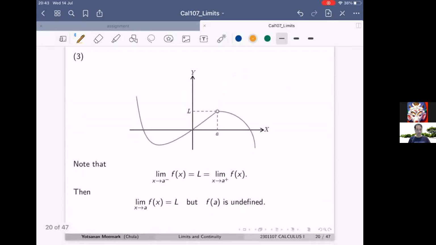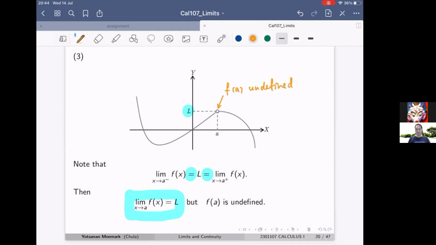How about this one? From the left, you can find that your function value is going close to L. From the right, also your function value is going close to L. So the left hand side and the right hand side limits are the same, L. And the limit as x goes to a of this function exists and equals L. However, this one is a white dot, so it means that f at a is undefined.